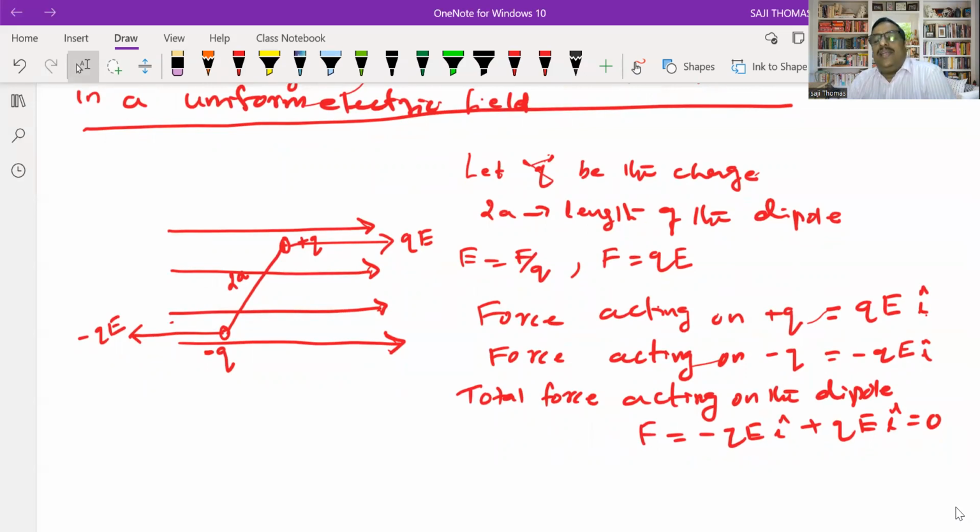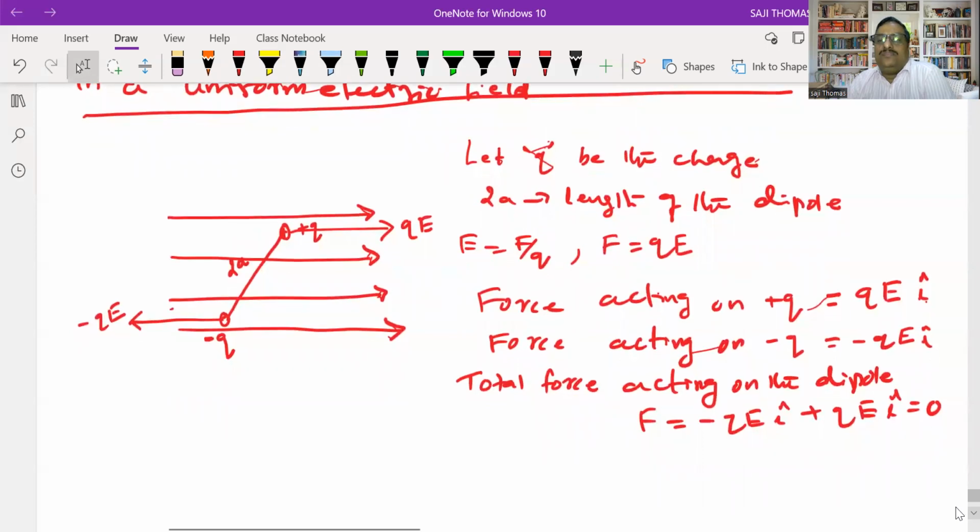So when an electric dipole is placed in a uniform electric field, the net force on it will be zero, but it will tend to rotate. There will be a torque acting on the dipole. This torque tends to align the dipole along the field direction.